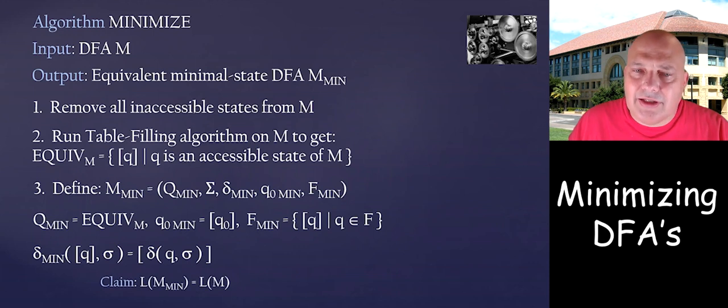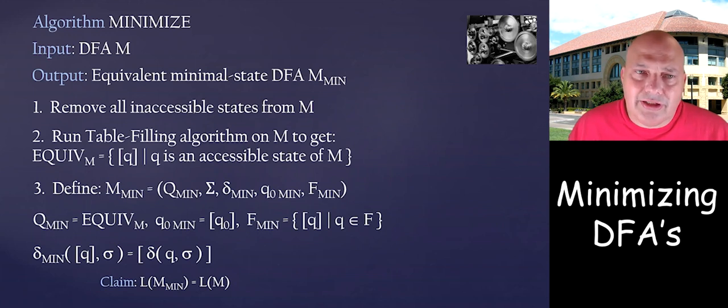And the claim is that these accept the same language. This is based on the definition of these equivalence classes and the correctness of the table filling algorithm. I will not get into the details. You can prove it by induction.